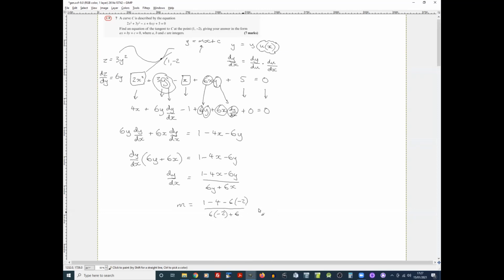Then 6 times minus 2 is minus 12, plus 6 is minus 6. So the bottom's minus 6 and the top is 9. 9 over minus 6 is the gradient. We could just leave it as that, but it does cancel down.